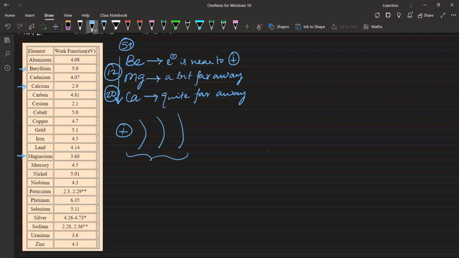So then Bohr said this could only be possible if the electrons are near in beryllium, a bit far away in magnesium, and further away in calcium. Does this make sense? Yes or no? Please tell me, guys. How this data tells us about shells? Yes, sir. Any doubts in this? Please tell me.